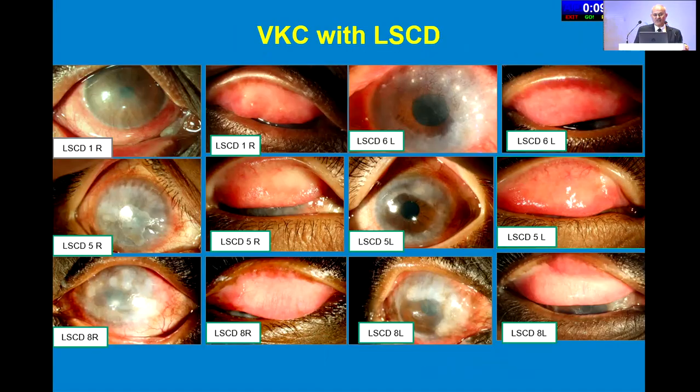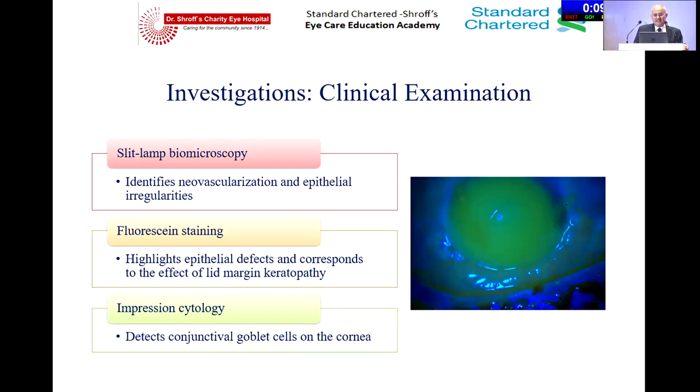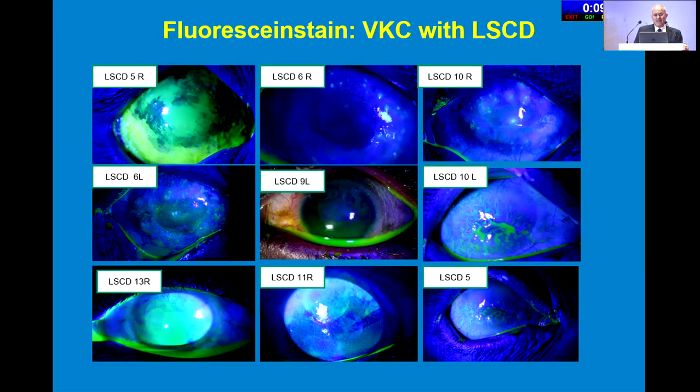These are patients with VKC with stem cell deficiency. Investigations: mostly we make the diagnosis by slit lamp biomicroscopy and with fluorescein staining. Impression cytology is very rarely used unless you are doing research. Fluorescein staining can tell you much more about the surface and its health, especially the epithelium.